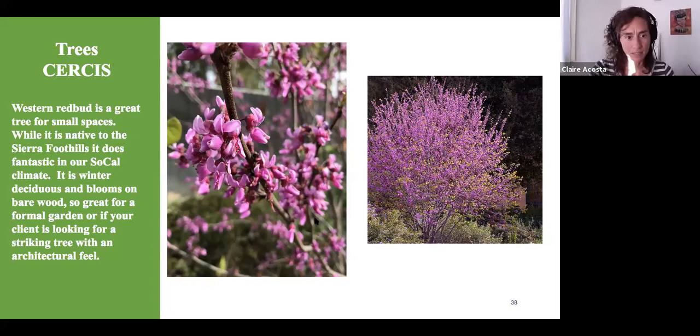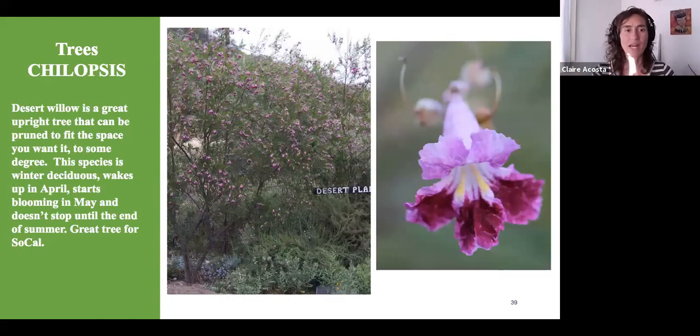Let's see. Chilopsis is a desert willow. Great upright tree that can be pruned to fit the space, right? It's pretty tolerant of pruning, and you can make it work. So it's not just reliable, but adaptive, I suppose.